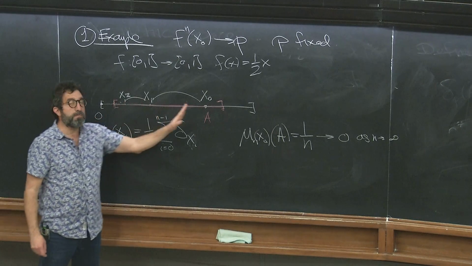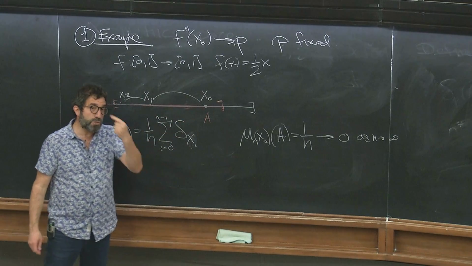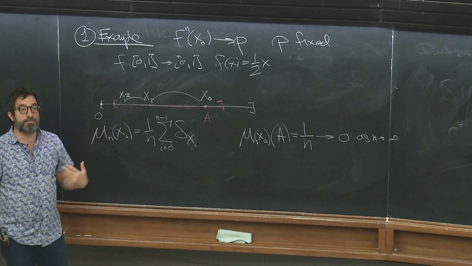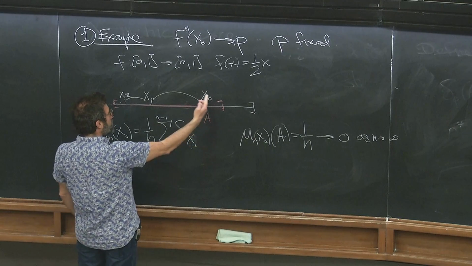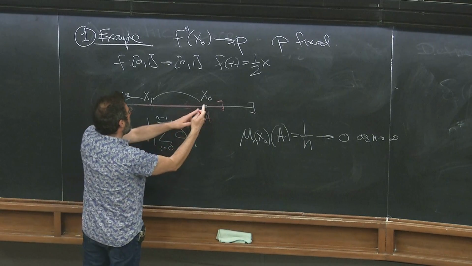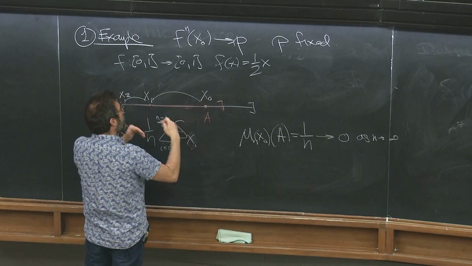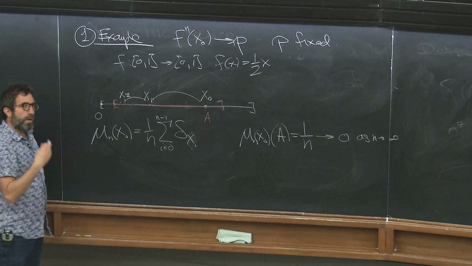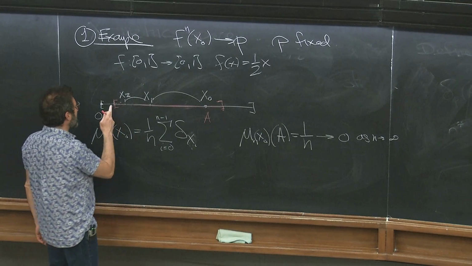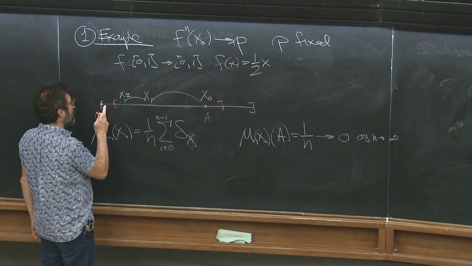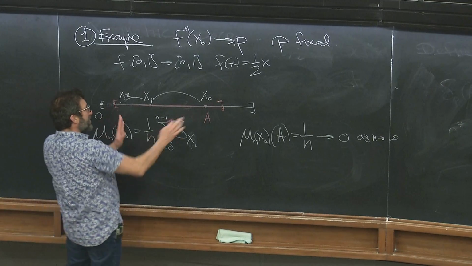It may even be 1,000,000. That's okay. That means that this set A has measure 1 when n is less than 1,000,000, because initially all the measure is in x0, then we distribute it equally on these points. As long as A contains all the points, it will have measure 1. But then, when n gets sufficiently big, we will start losing a bit of measure of this set A, because the points will start coming out. And then the measure of this will still go to 0.